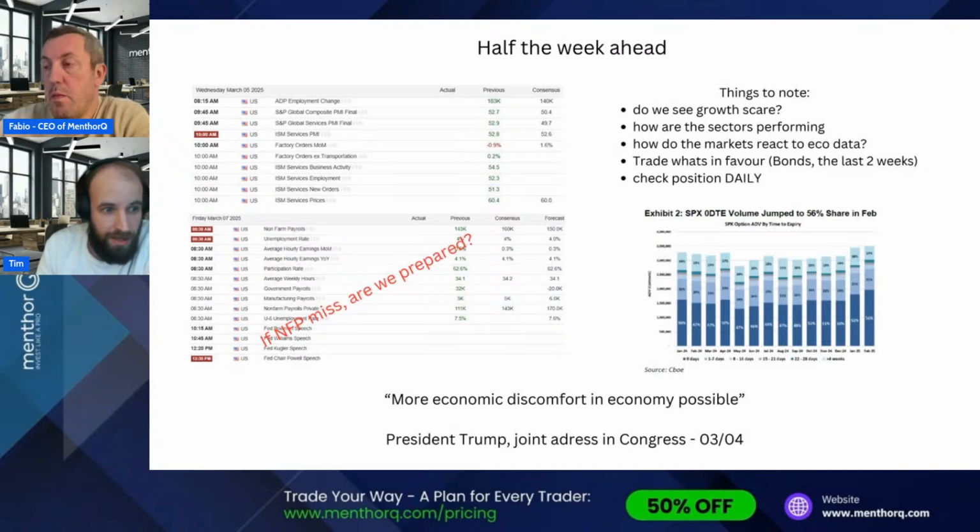The question I have here is, if those numbers come in better, will this really change the tone of the market? We have seen selling. We have seen multiple days where equity futures were down beyond one-day standard deviations. VIX is up.